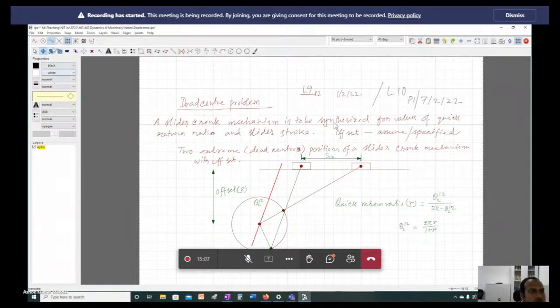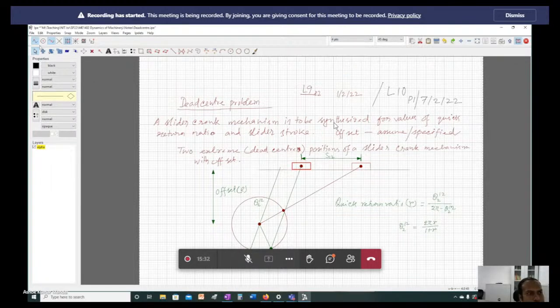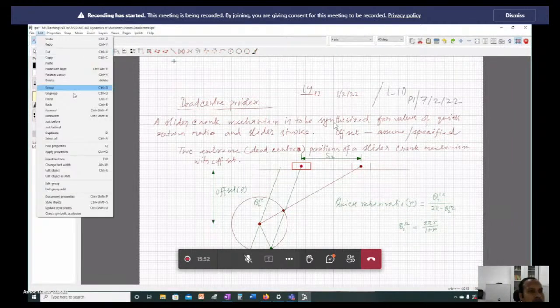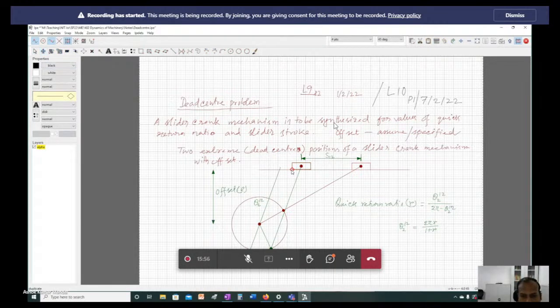I have shifted it this way, and now you can see that actually this is the extreme position. This is some intermediate position.